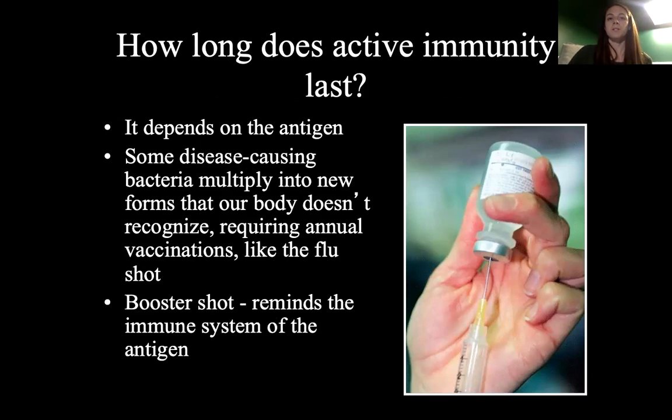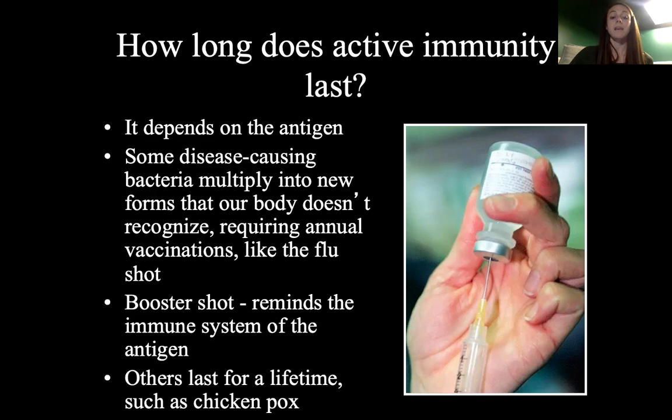Sometimes you can get a booster shot. If you get vaccinated as a child and then get a booster shot as an adult, your body remembers the antigen and produces the antibodies pretty quickly. Some vaccines, like chickenpox, for example, last a lifetime. You get vaccinated one time and those antibodies last in your system forever.